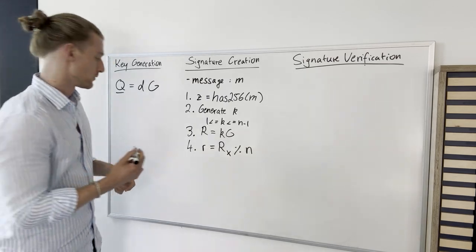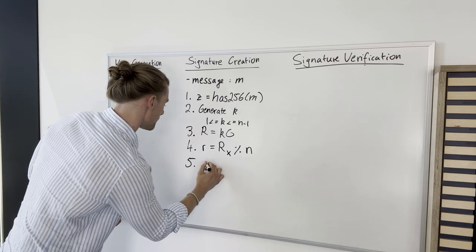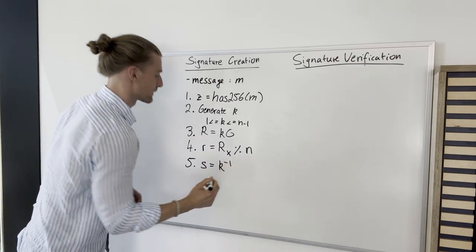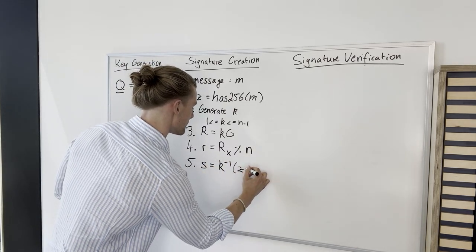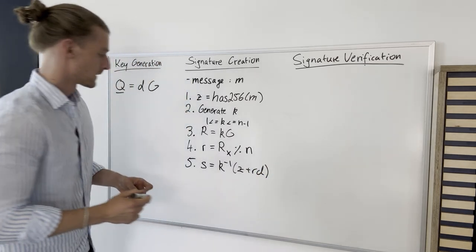Then we compute one other thing, which is s, which is equal to the inverse of k multiplied by z plus rd.